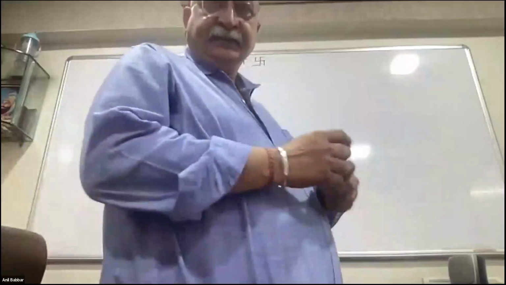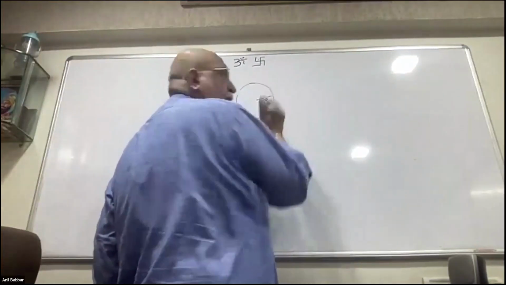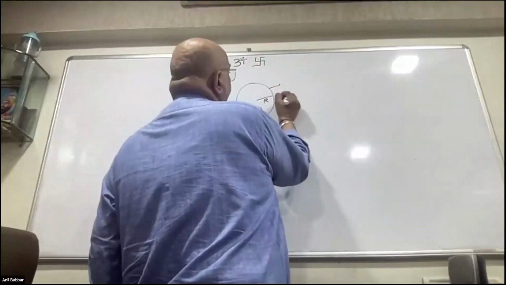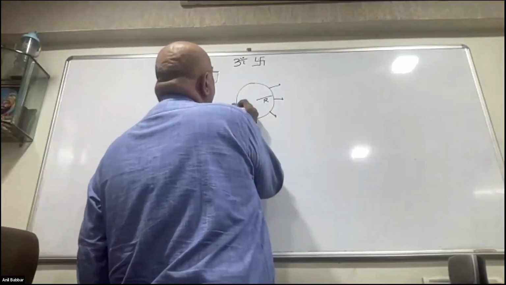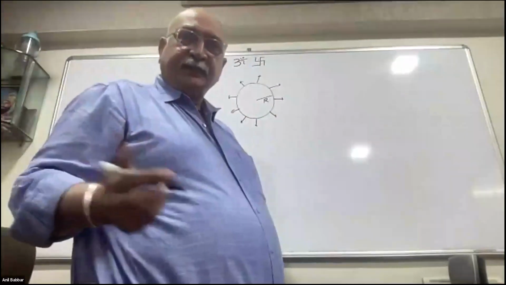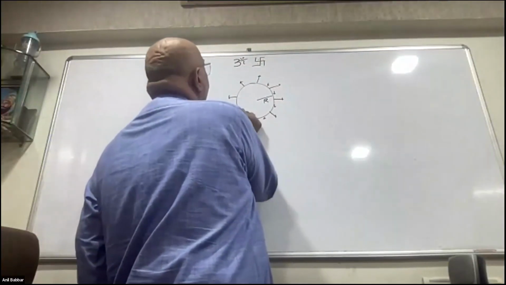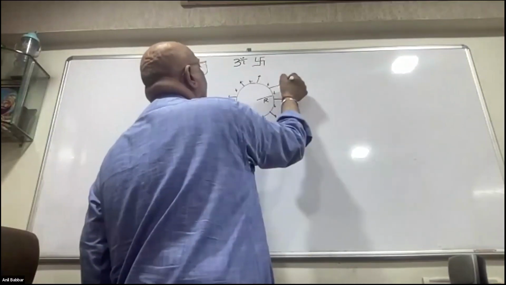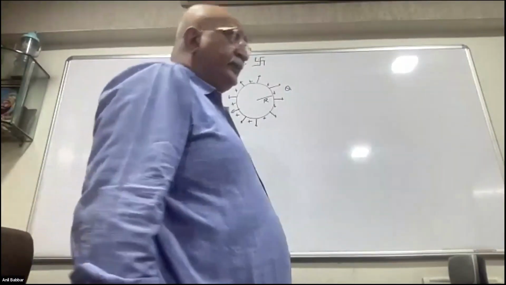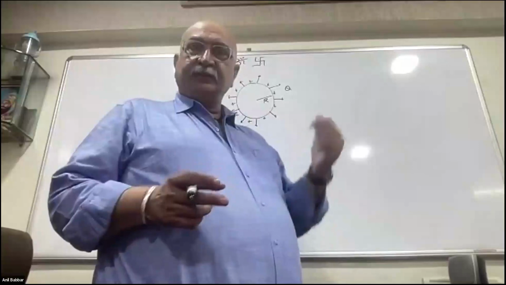Let us say there is a sphere of conductor of radius R. And the charge is located on its surface, which is plus Q. This charge plus Q is uniformly distributed over the whole sphere. Radius is R. So V is the potential.